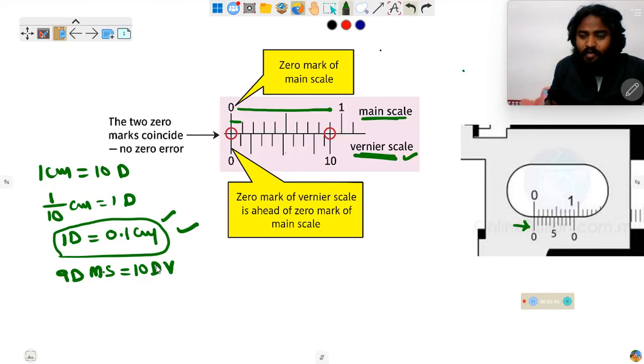So now let us find out one division. If you take this and 10 this side, 10. And one more thing you must remember is that one division on the main scale is 0.1 centimeter. Then how many divisions are there on the main scale? 9 divisions. So I can tell that 9 into 0.1 centimeter is equal to 10 divisions on the Vernier scale.